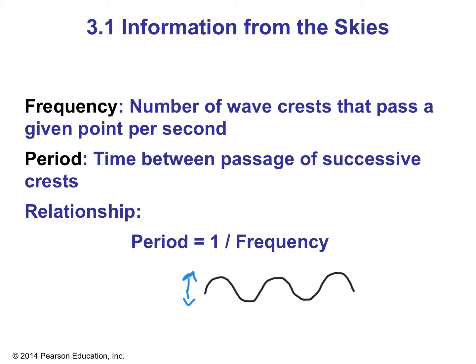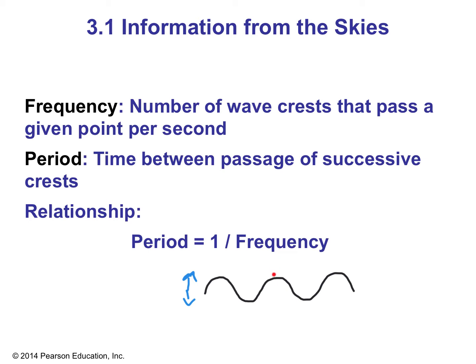But you can also think of it, again, like if I'm counting how many times a particular part of the wave goes up and down, like imagining my cork here in the water wave going down and up, that would give you sort of the frequency of the wave. Now, the period of the wave, that's the time between the passage of successive crests.